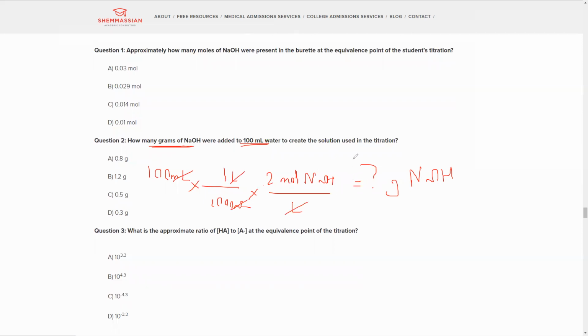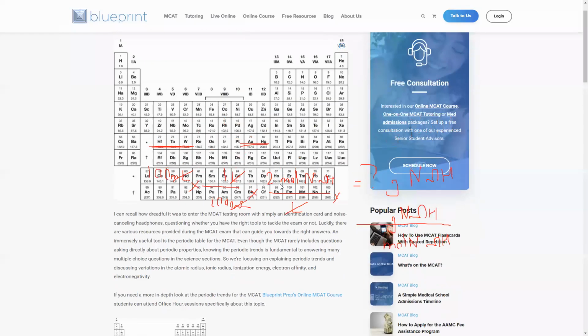right? So over here, we would also have times some amount of moles to some amount of grams. Okay, and that would be the molar mass. So we can go to the periodic table, and we can see that NaOH is going to be 23 plus 16 plus 1.